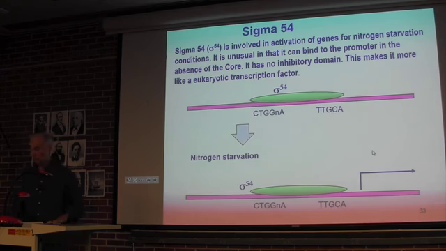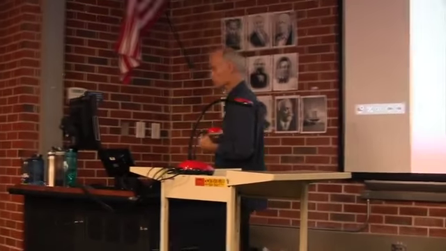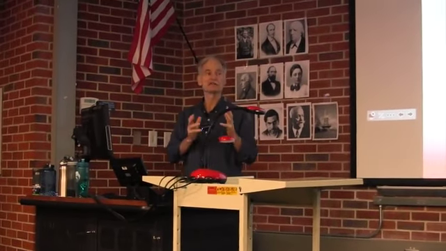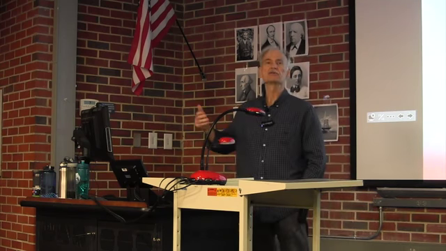Okay, sigma 54. We're through with sigma 70. Sigma 54 is a little bit different. I would call it defective, at least I do on the exam. And I ask you, how is it defective? What's wrong with it? What can it do? Well, it's missing one domain, and it can't do something.